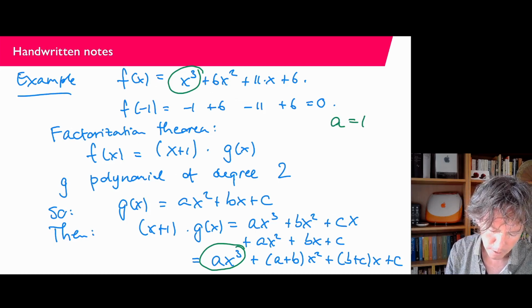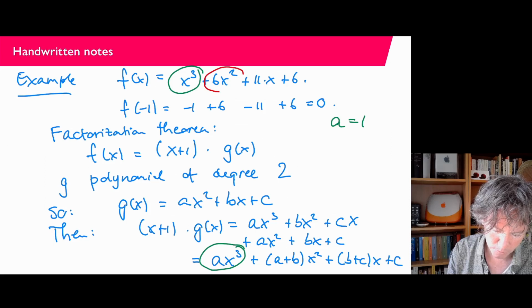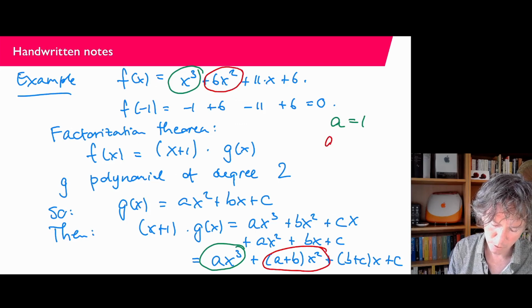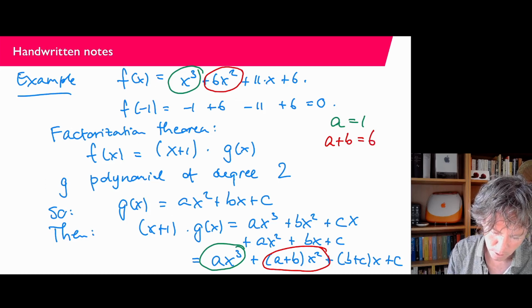Then I can also look at 6 times x squared. And here we have a plus b times x squared. So apparently a plus b should equal 6. Then let's pick another color.